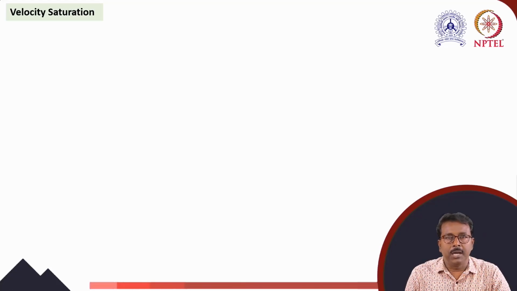But if we observe the drift velocity at high electric field, it is not maintaining that relationship of linearity, that is drift velocity V equal to mu times electric field.